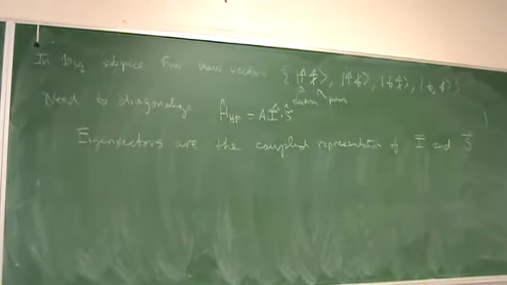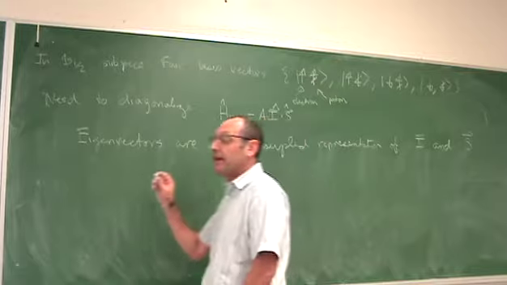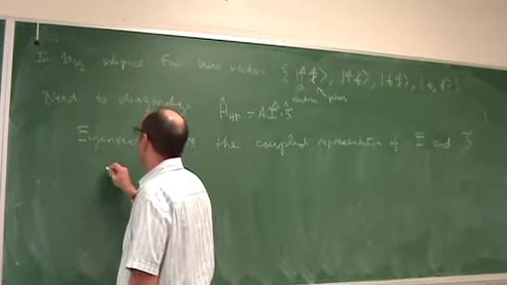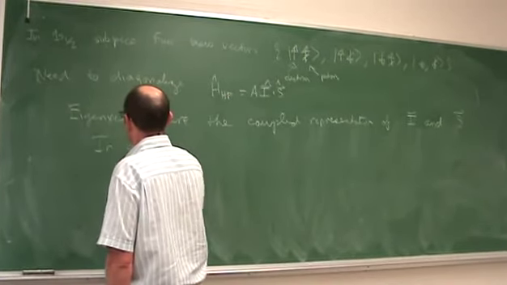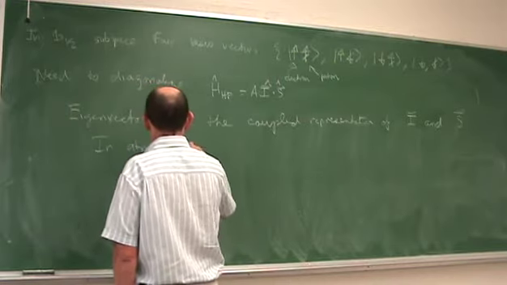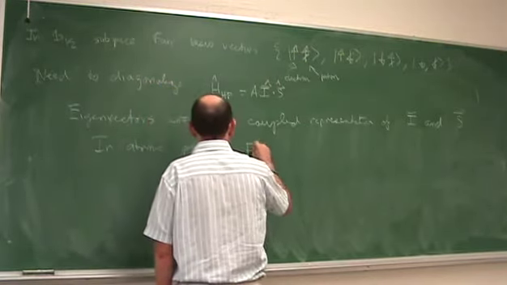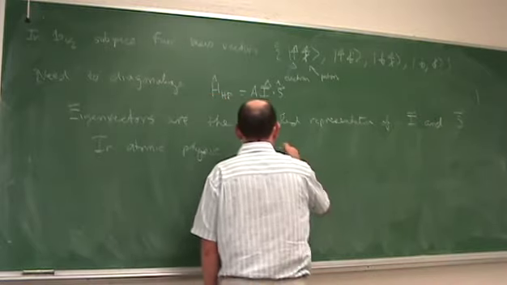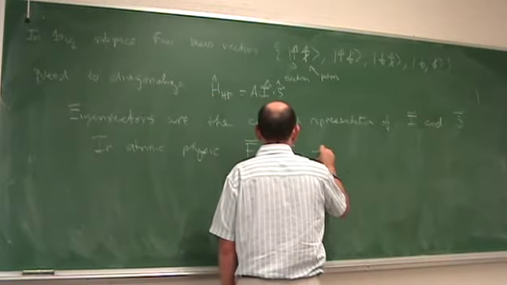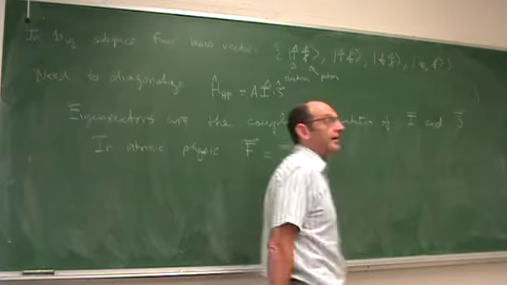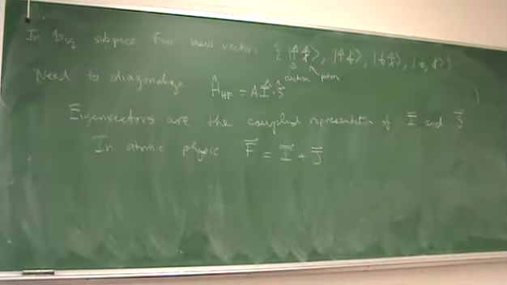Now, the convention, notationally, in atomic physics, is we define F as the sum of the nuclear spin and the total electron angular momentum J. That's what F is.